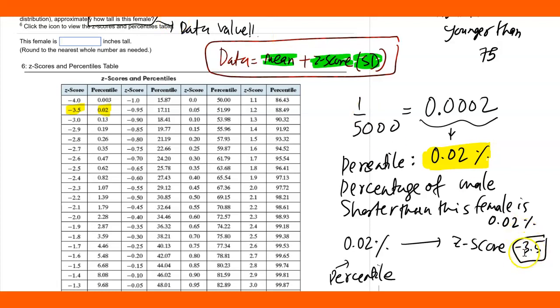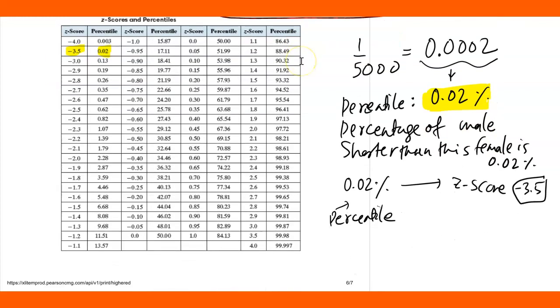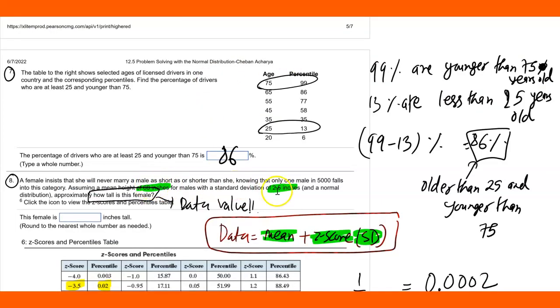Now use that z-score in the formula and find the data, which is the female's height, rounded to the nearest whole number as needed. The data equals the mean, which is 68, plus the z-score, negative 3.5, times the standard deviation, 2.5.